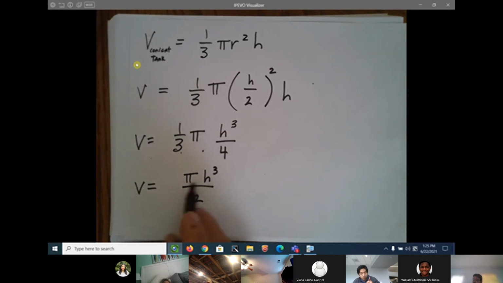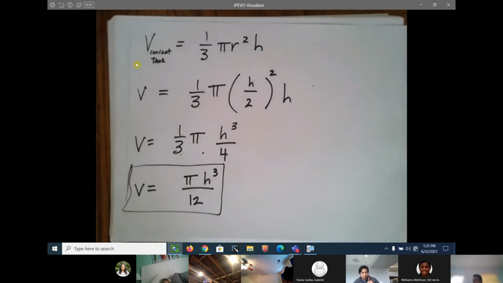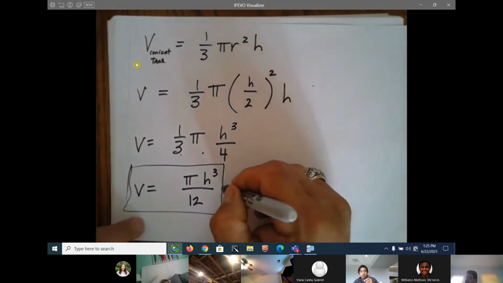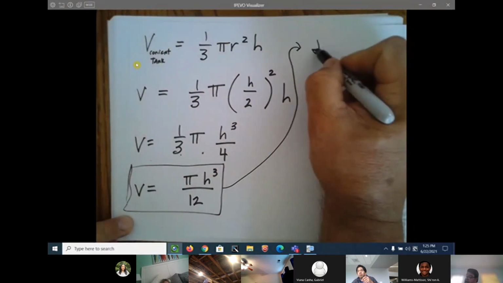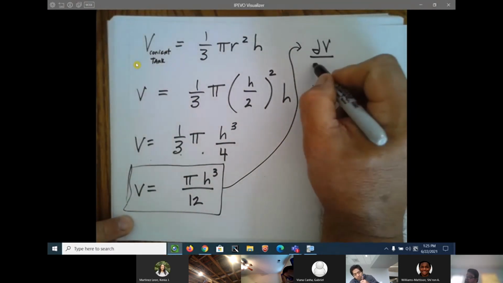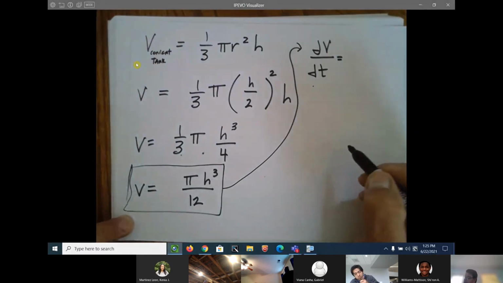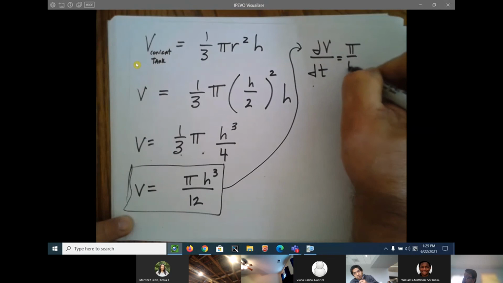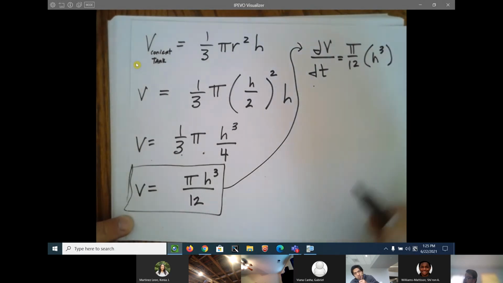Now all you got to do is take the derivative of that. dV over dt is equal to pi over 12, which can come out, times the derivative of h cubed.